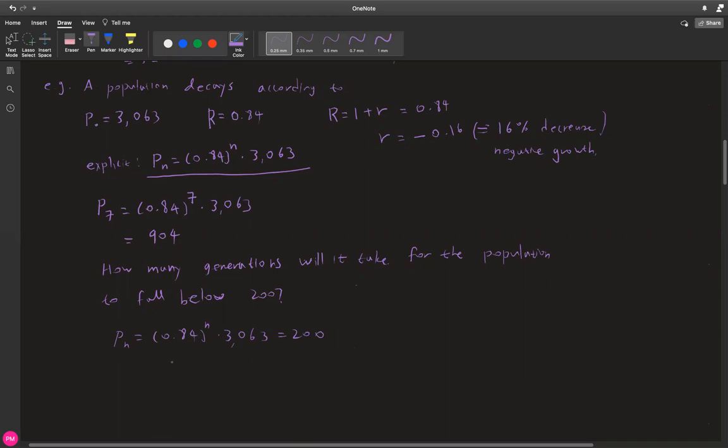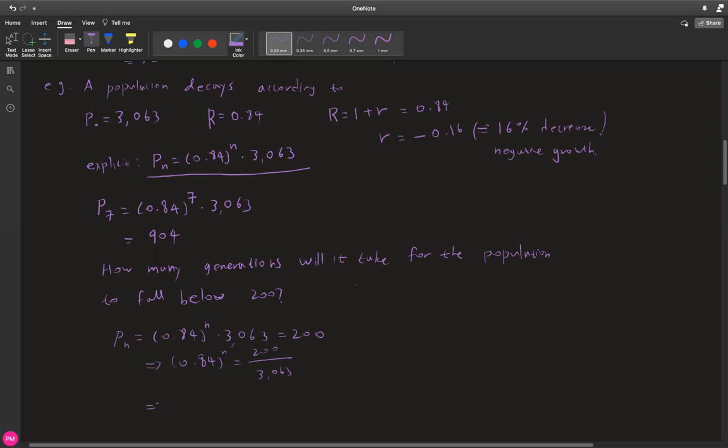And simply here, we can calculate for n. So to find n, you have to divide each side by 3063. So you will have 0.84 to the power of n is 200 over 3063.